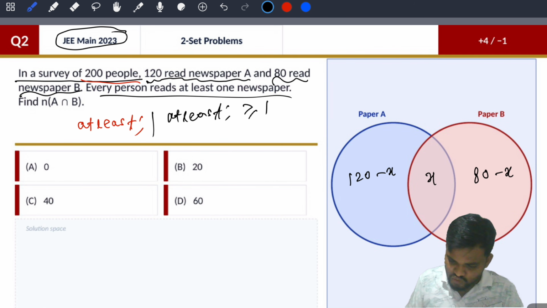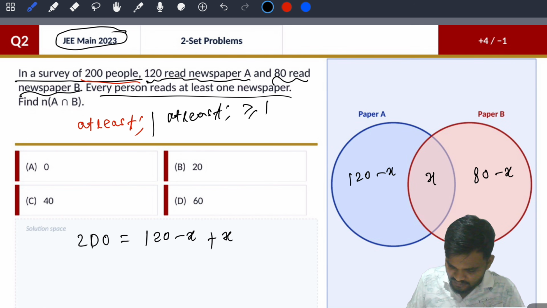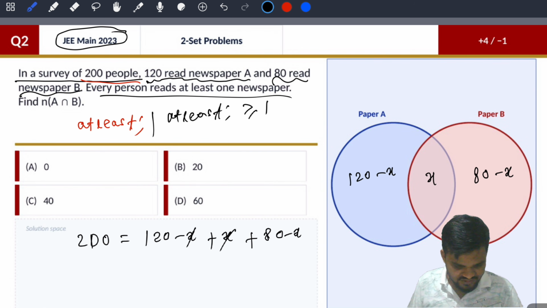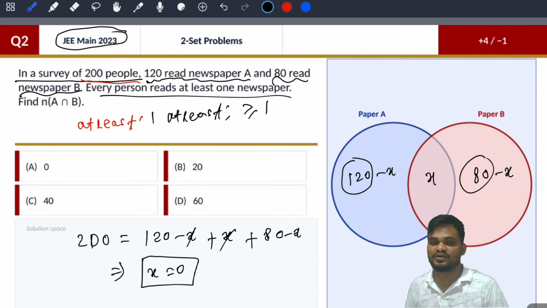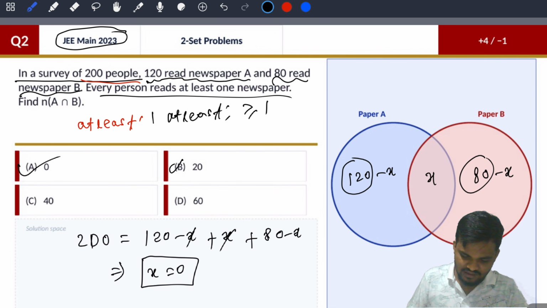That means the universal set 200 is equal to 120 minus X plus 80 minus X. So this X got cancelled. This we will get X is equal to 0. So there does not exist any people who read both newspapers A and B. So the correct answer is A.